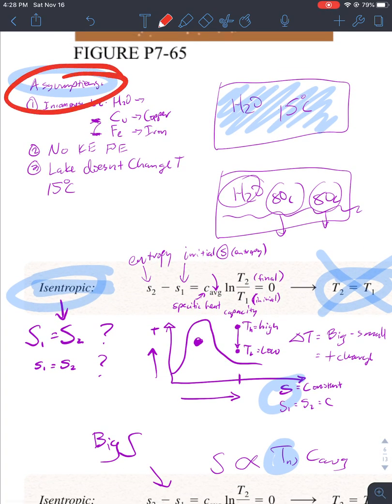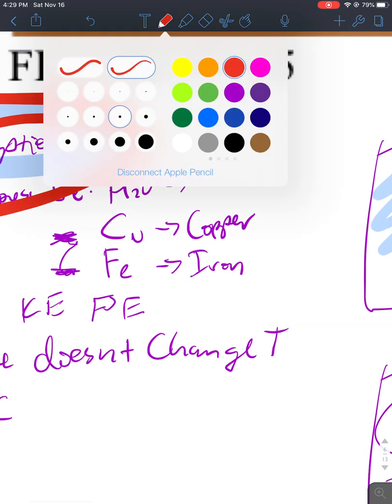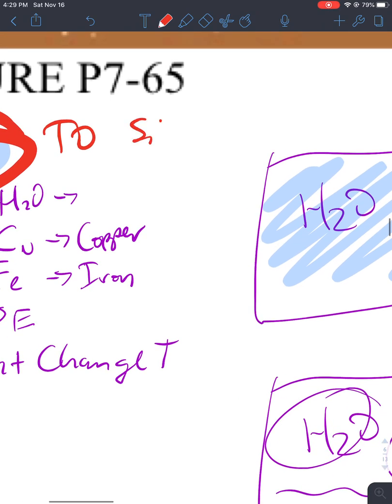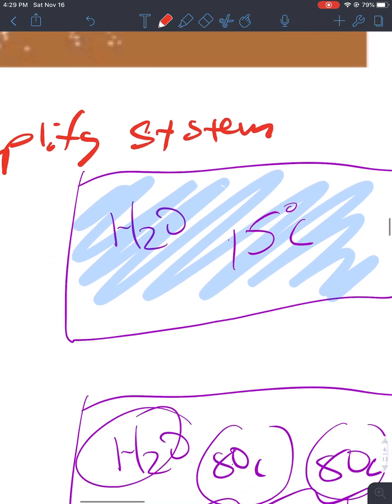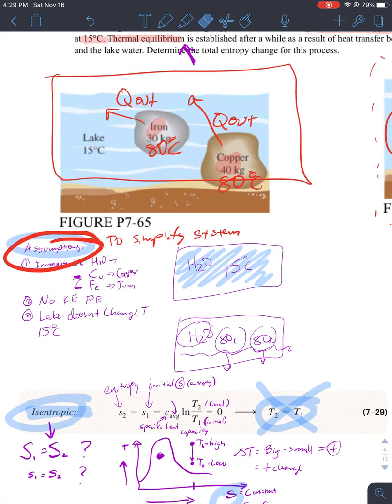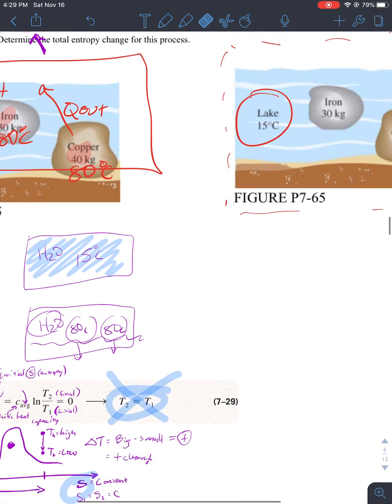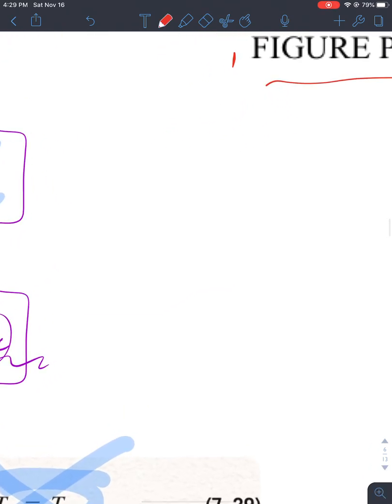So step 1, make assumptions to simplify the system. Step 2, think and do some analysis.